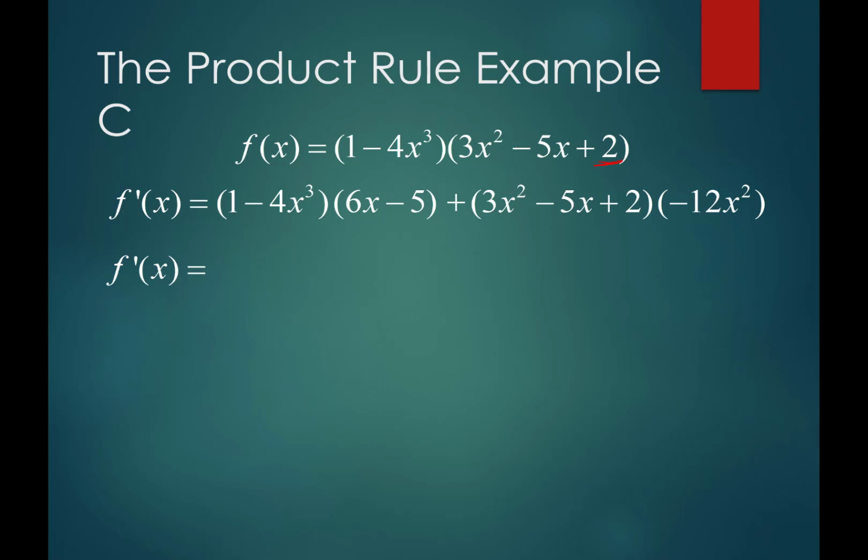Now, once we do this, life becomes very easy. We can just simply expand the parentheses. So we're going to expand 1 times everything first, which is going to give me 6x minus 5. Then I'm going to multiply negative 4x cubed times everything, negative 24x to the fourth plus 20x cubed.